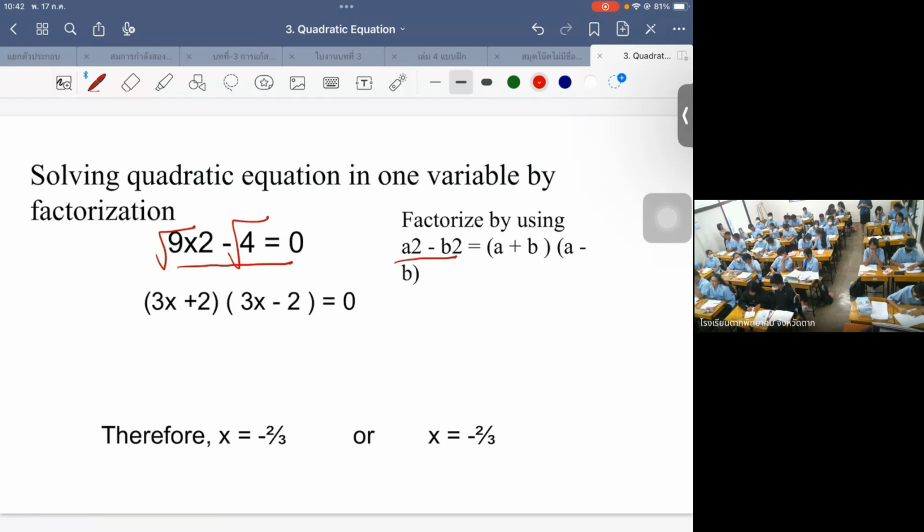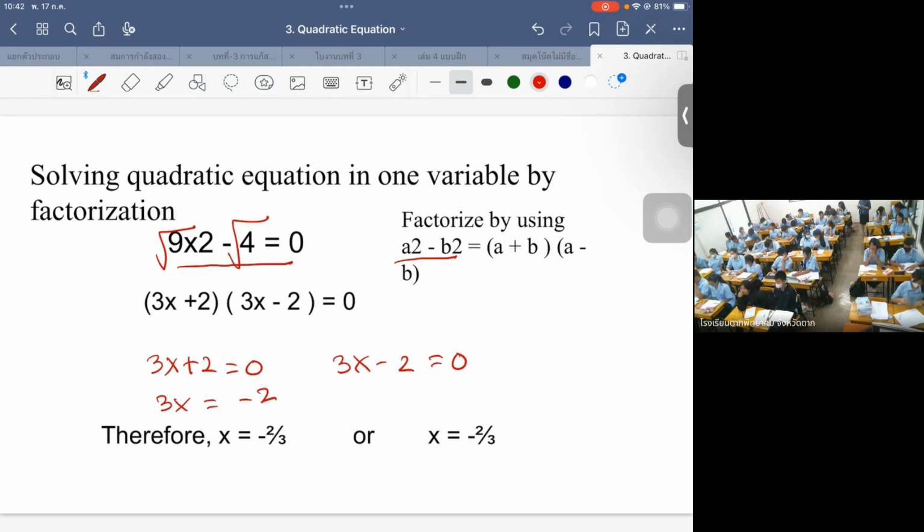So we have 3x plus 2 is equal to 0. 3x minus 2 is equal to 0. So again, transpose, it will become a negative. So 3x is negative 2.